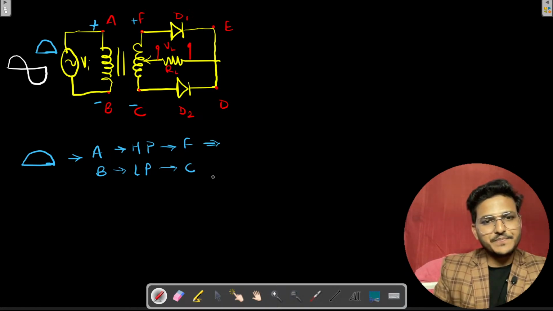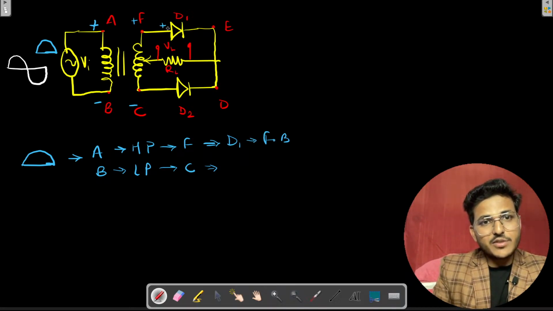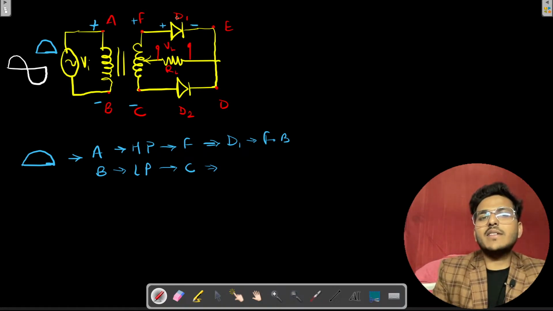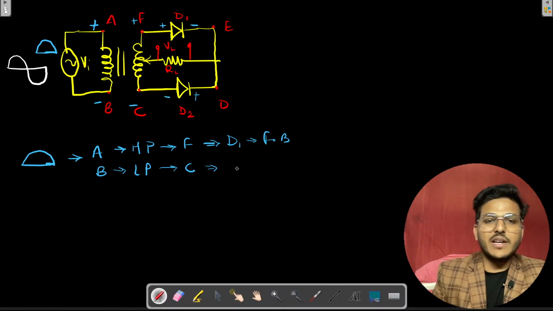So what do you see? D1 is in forward bias, because this one is positive and this one is negative. D1 is in forward bias. And what about this? The P type material of diode D2 is at a negative connection and here positive, that's why D2 is in reverse bias.